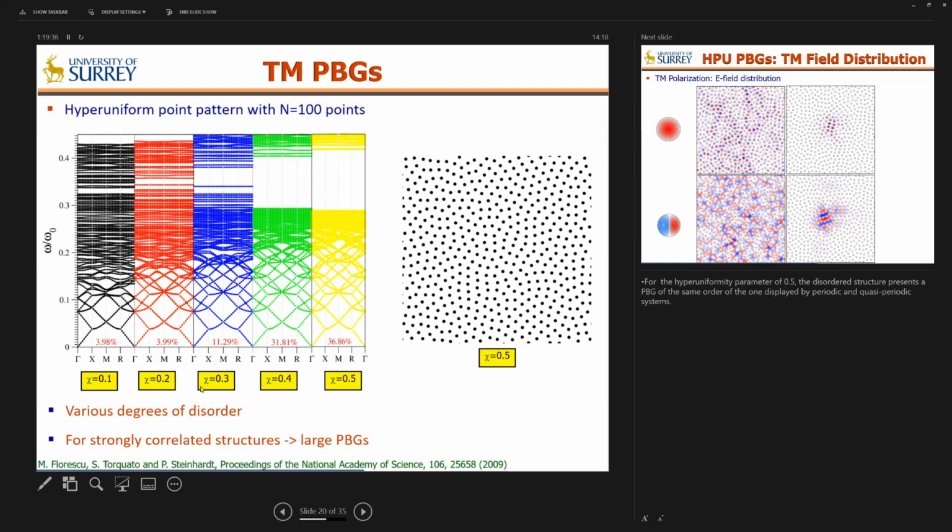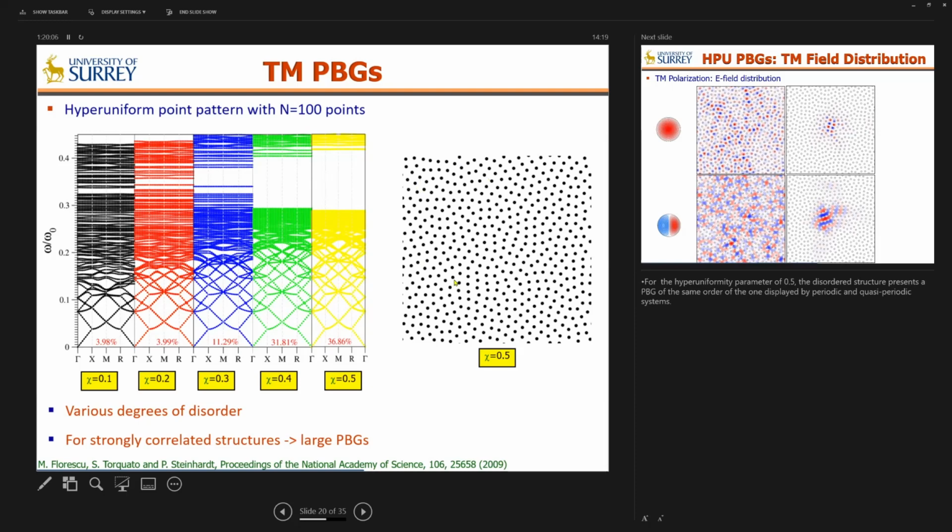And we note that for values of chi around 0.3 to 0.5, we open large photonic band gaps, all of which are associated with the individual resonances present in the cylinders making up the structure. At chi equals 0.5, the pattern is shown here, and the band gap size is around 37% of the central frequency.